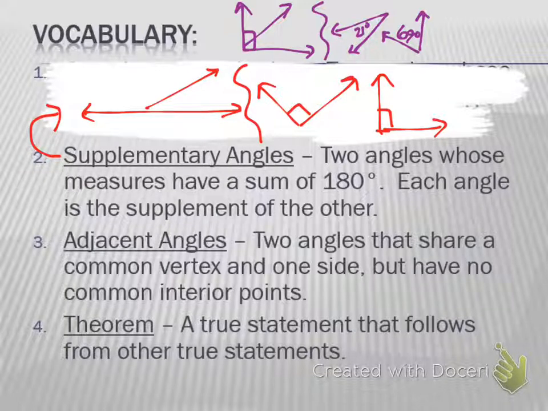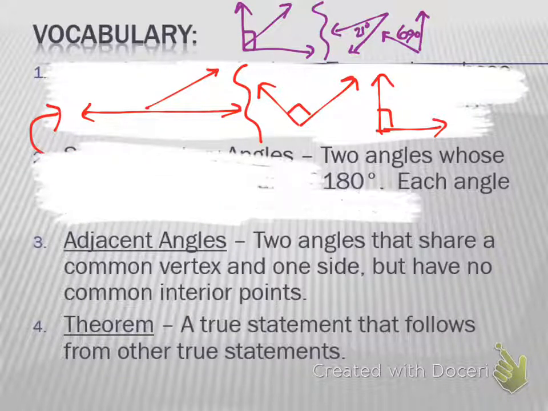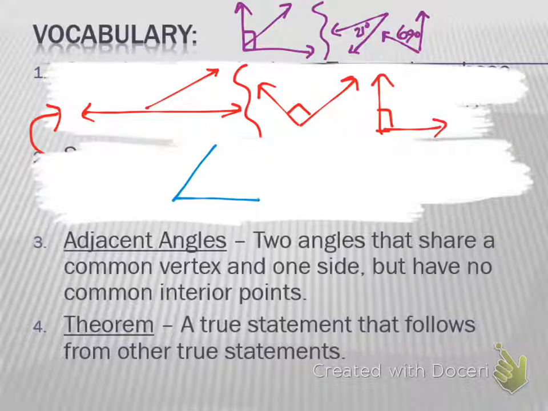All right, now for adjacent angles. 2 angles that share a common vertex and one side but have no common interior points. Really, we've already shown a couple examples of this, but we will show another one. So for them to be adjacent, that's when they're connected to each other.